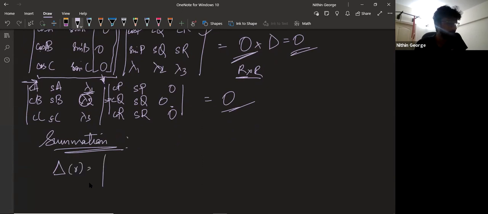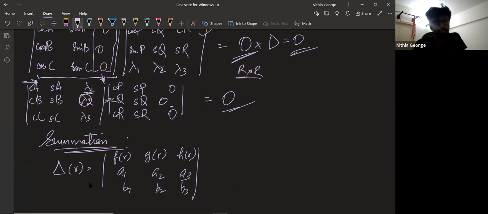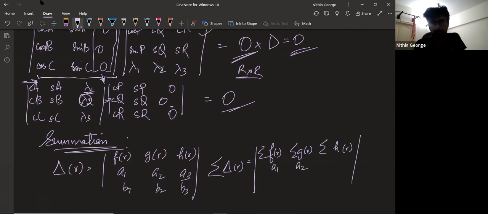So here, if the determinant of R is f of R, g of R, h of R, and the rest should be constants, A1, A2, A3, B1, B2, B3, then I can say that summation delta R will be summation f of R, summation g of R, summation h of R, A1, A2, A3, B1, B2, B3.